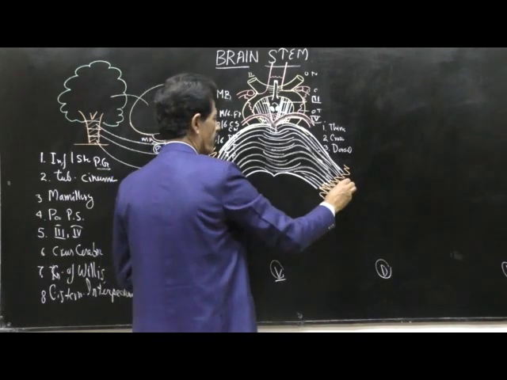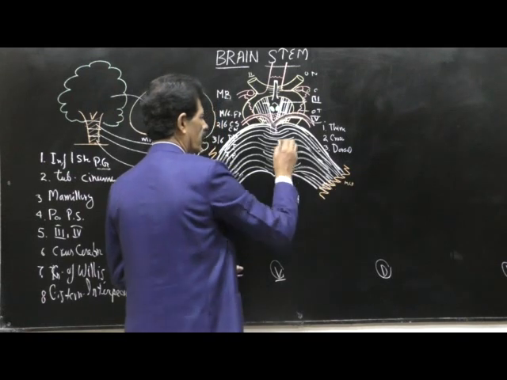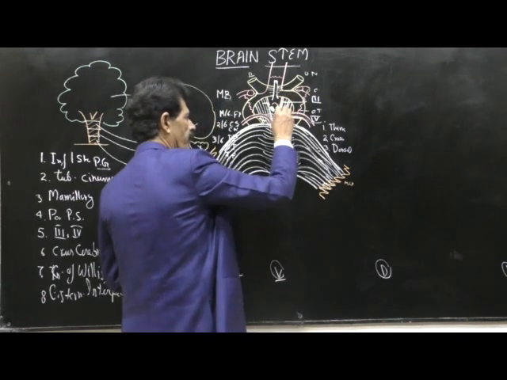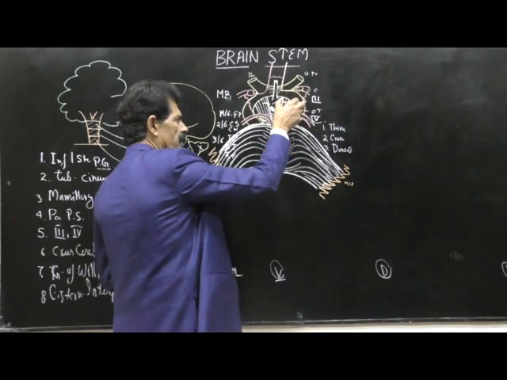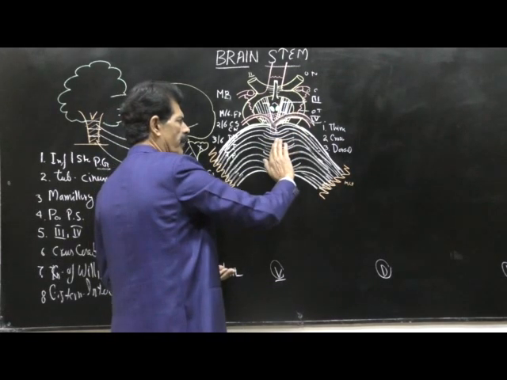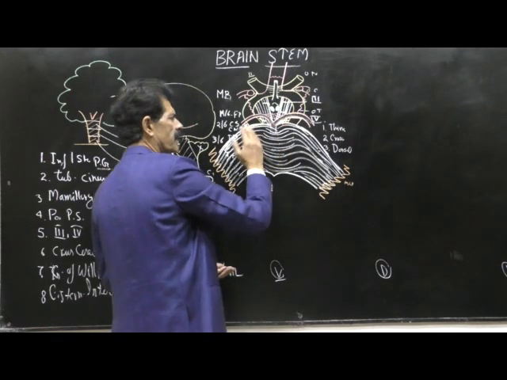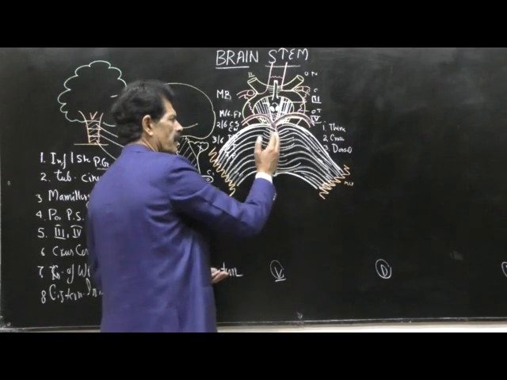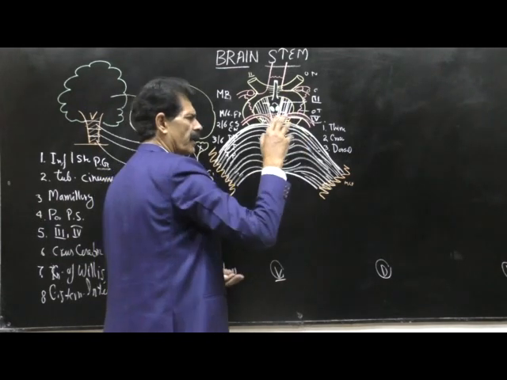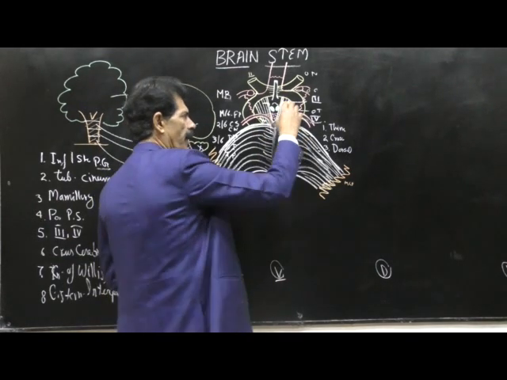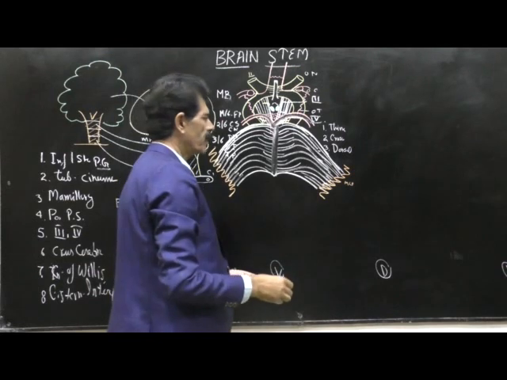So this is the middle cerebellar peduncle. As the crus cerebri fibers enter into the pons, the entrance of the thick bundle of the crus cerebri makes a surface elevation on either side of the midline of the pons. This surface elevation is created by the underlying pontine nuclei and the crus cerebri fibers.